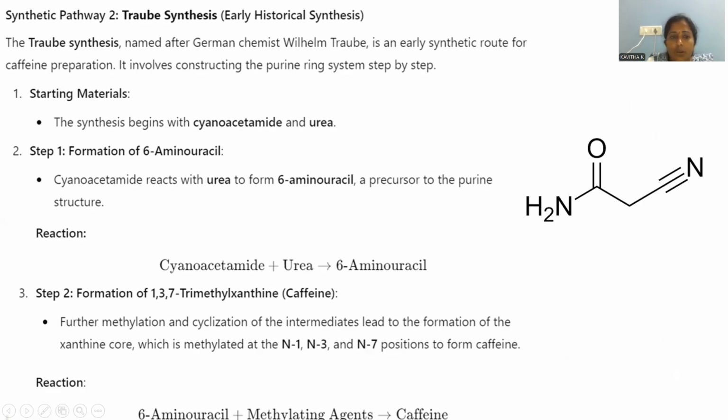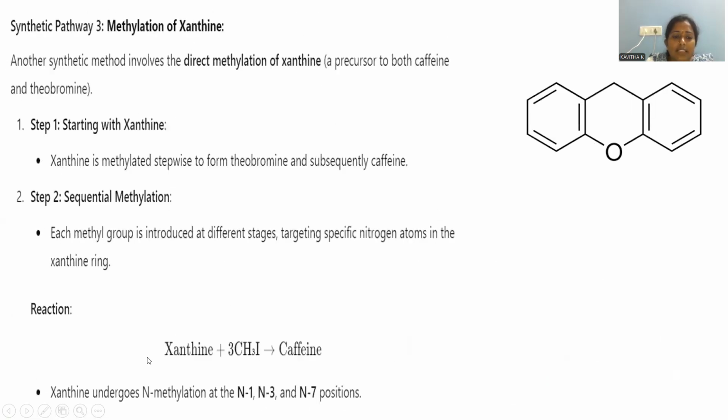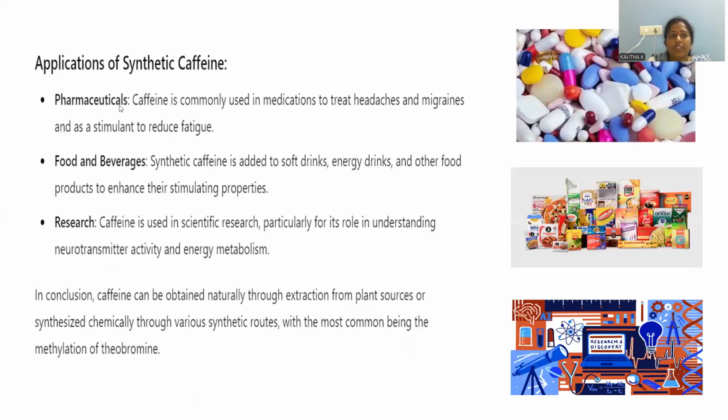Only two steps are required for this Traube synthesis. With xanthine, xanthine is taken and added with 3 moles of methyl iodide so that caffeine will be synthesized. Very simple to understand the process. There are many alternative methods, so caffeine can be synthesized within the laboratory in these multiple ways.